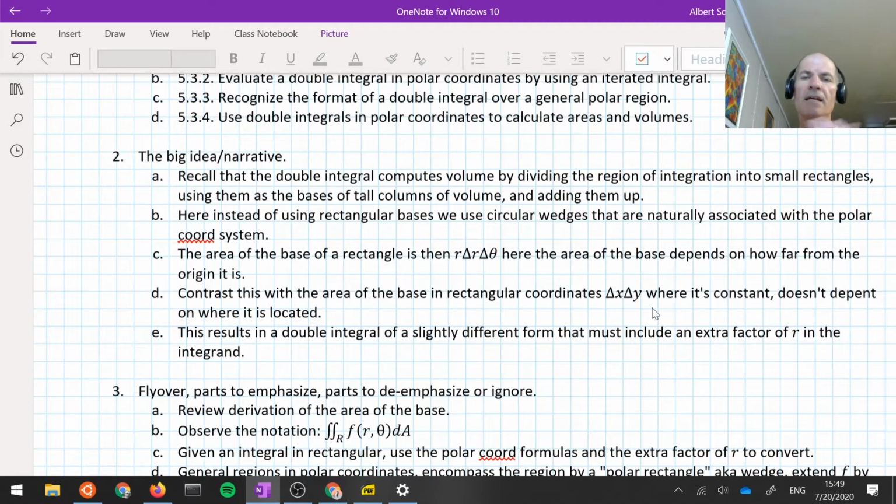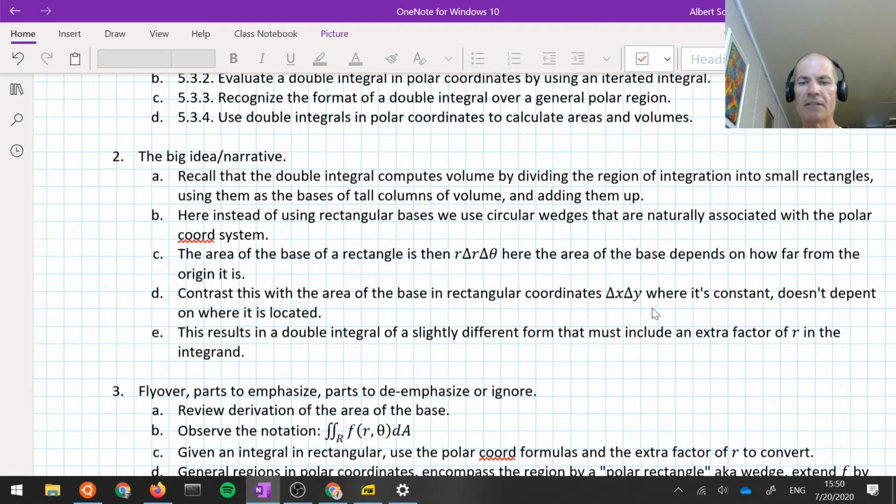We'd like to take that same idea to polar coordinates, but the big challenge is the base is no longer a simple rectangular shape. It's now a circular wedge shape, and we've got to deal with that. We're going to see that the area of the base of a column is now r delta theta instead of just delta x delta y, and I'll explain why in a minute.